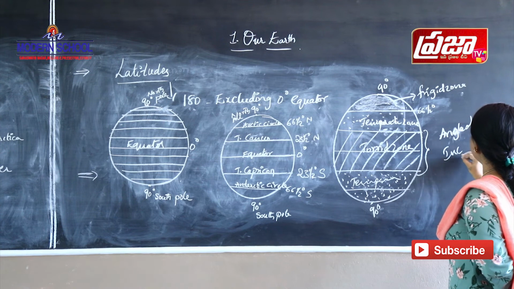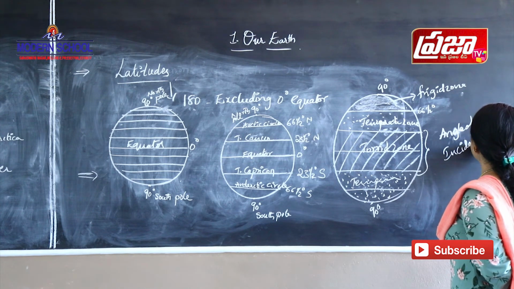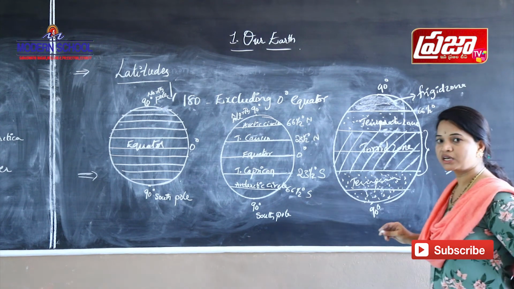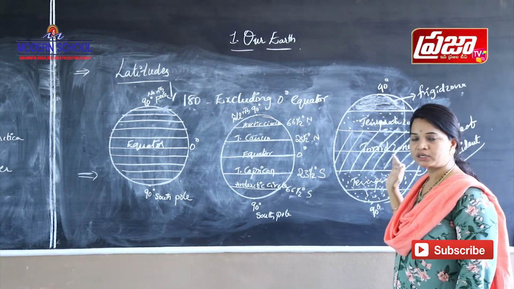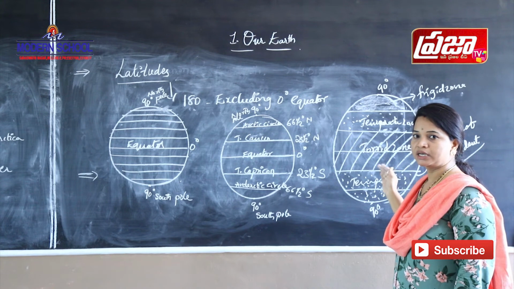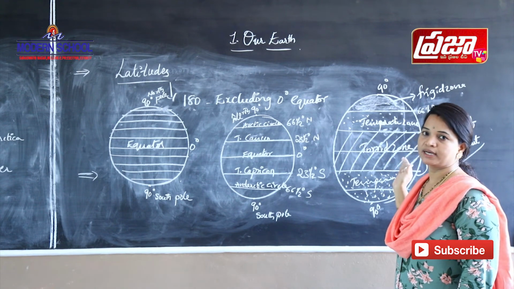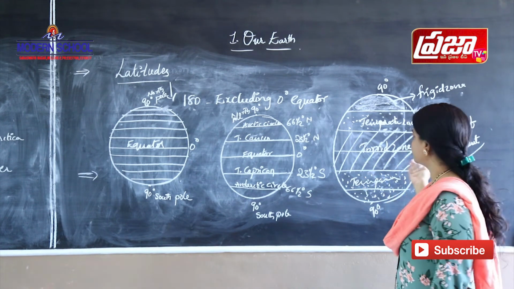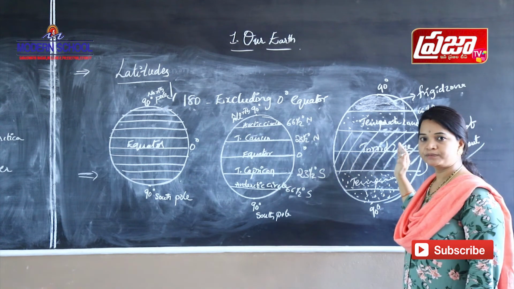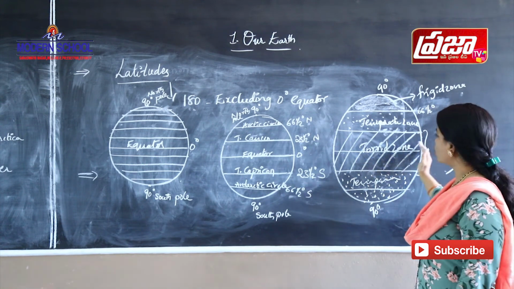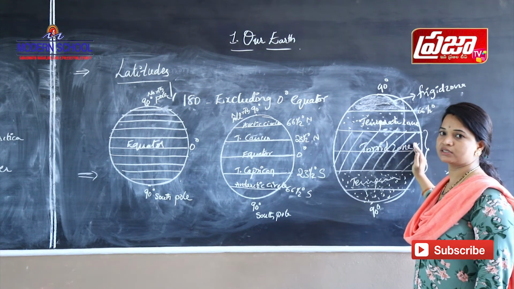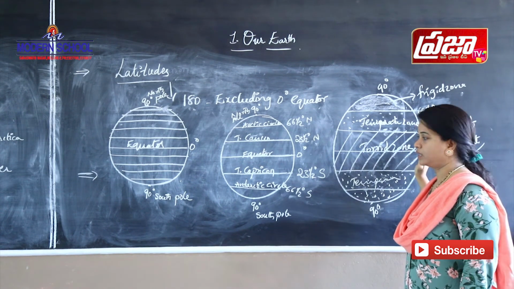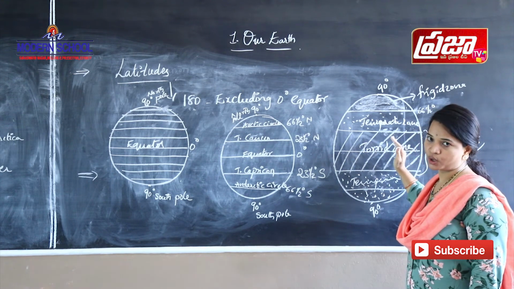What is this angle of incidence? We learned it in the 8th class. The zones of the earth have been divided on the basis of the heat received by the earth from the sun. Near the equator, the rays fall directly on the earth, so the angle of incidence will be very less, and this place will be very hot.